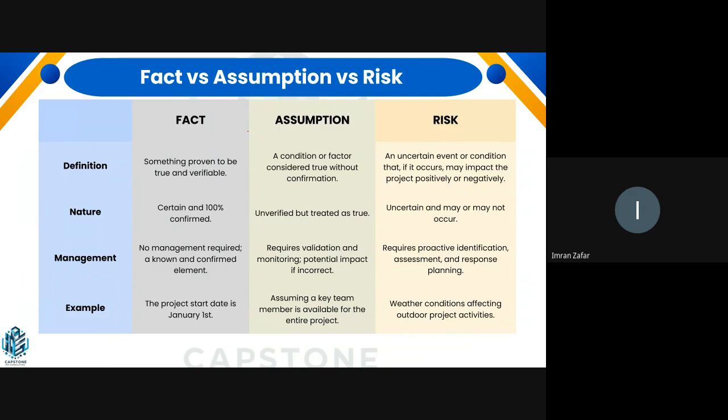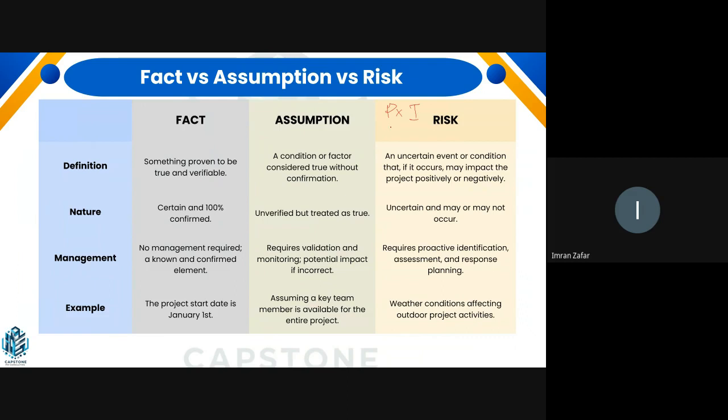So what is a risk? A risk is basically something that is uncertain, and it may happen or may not happen. A risk has a probability, and it has an impact.